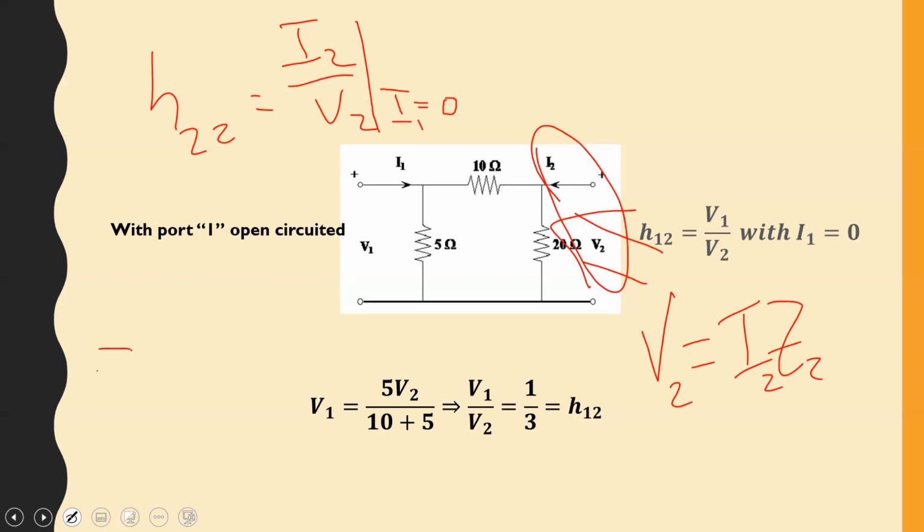It therefore implies, as Mr. Stewart was trying to say, that I2 over V2 is going to be 1 over Z2. So all we are looking for is the impedance looking into that port, and then we find the reciprocal, which is what Stewart was saying. That is all I have been asking for the last 10 minutes.